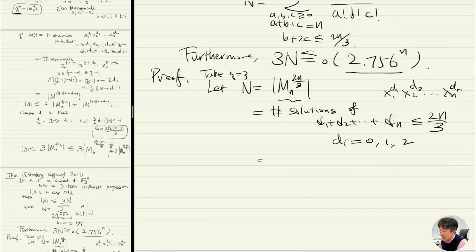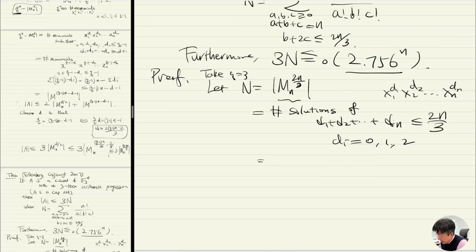So what is it? Well, now this is the same as the number of solutions of 0 times a plus 1 times b plus 2 times c. So I'm counting the number of a's, number of b's, number of c's, right? Okay, what is the best way?